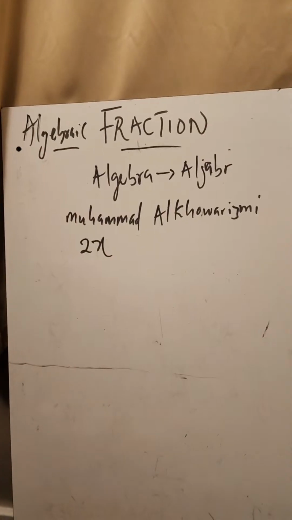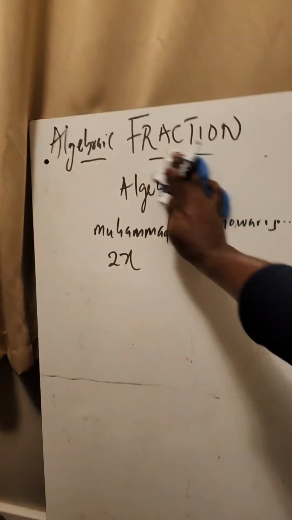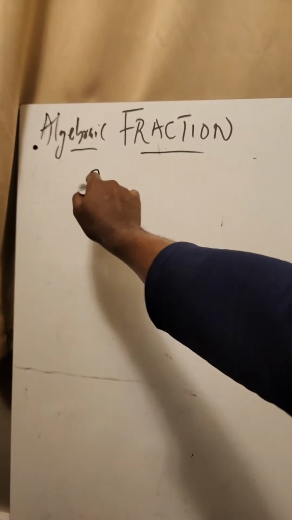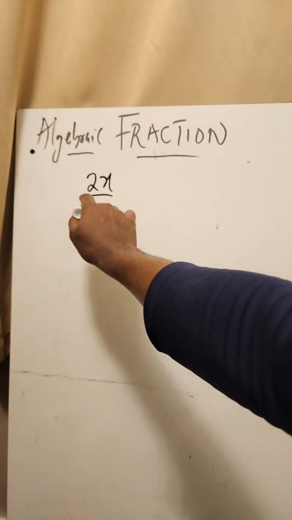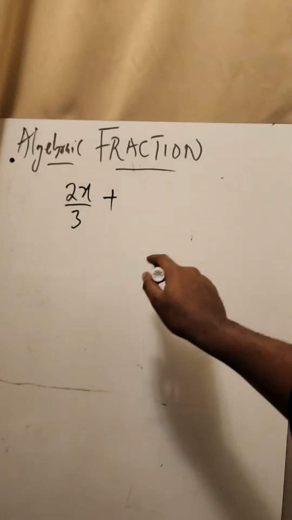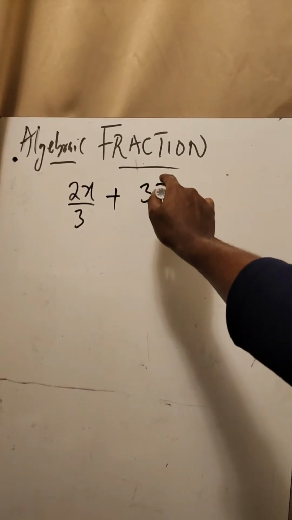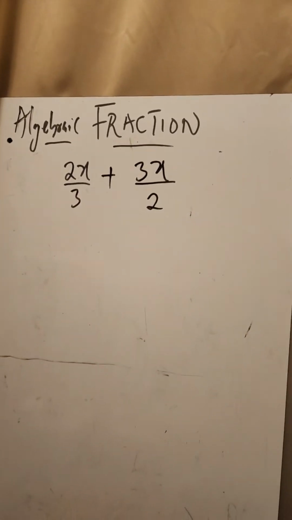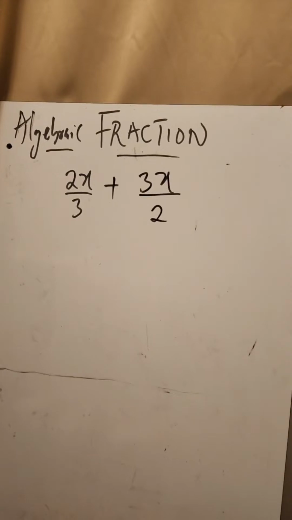Now on the algebraic fraction, I'm going to talk about the expression itself before moving to equation. Now if you have 2x divided by 3 plus 3x divided by 2, you want to simplify this.